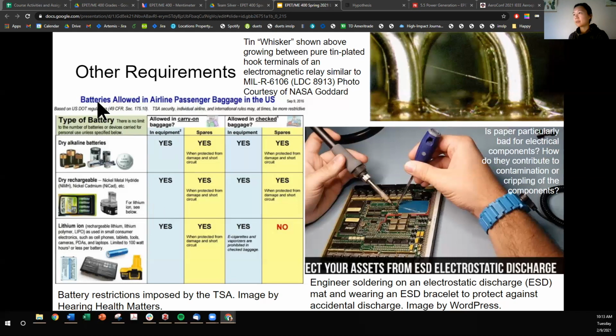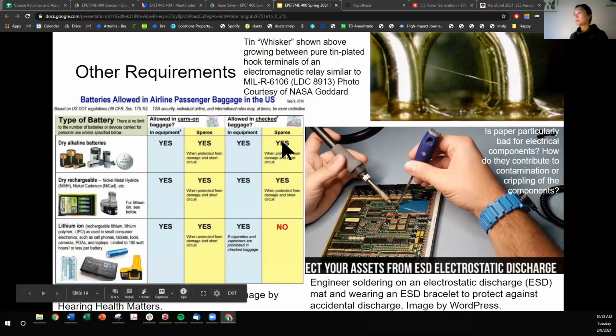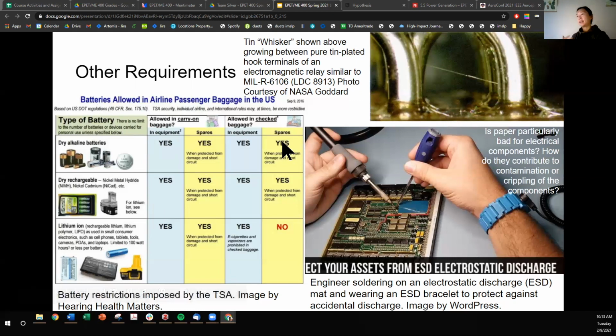Okay, and then some other requirements. So say you have a spacecraft that is built and you need to deliver it. How do you even deliver a spacecraft? A lot of people hand carry them, and so they need to take flights on airplanes and then need to follow TSA guidelines.